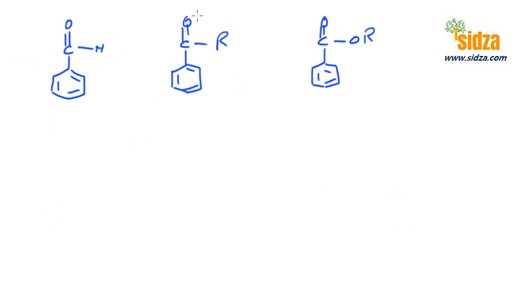In the same way, if you attach a C double bond OR, which is a ketonic group, this will also withdraw electrons from the ring, and that will also create a positive charge at the ortho and para positions. Esters also have a carbonyl group. It again takes electrons from the ring and creates a positive charge at the ortho and para positions. So therefore the electrophile will only attack at the meta positions. So these are the meta directing groups.